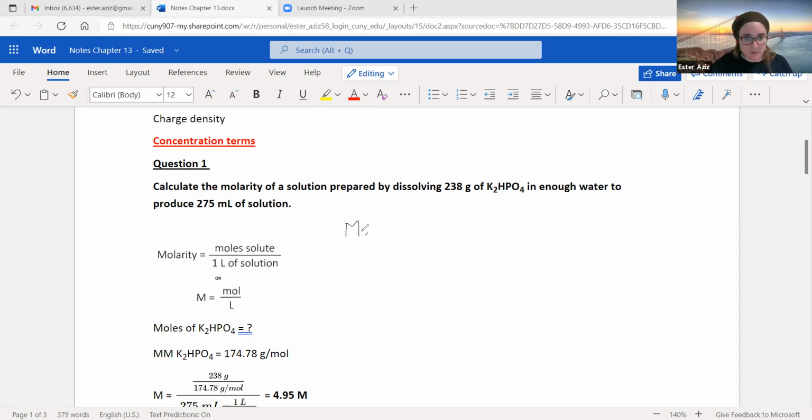Maybe the most common one is molarity, which is symbolized by capital M. And that is moles of solute over liters of solution.